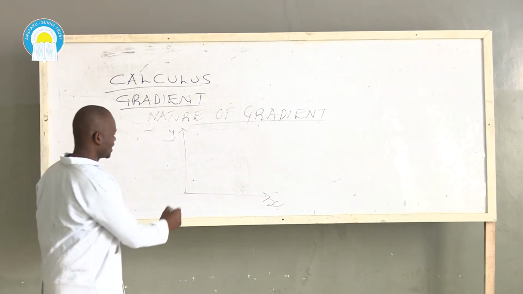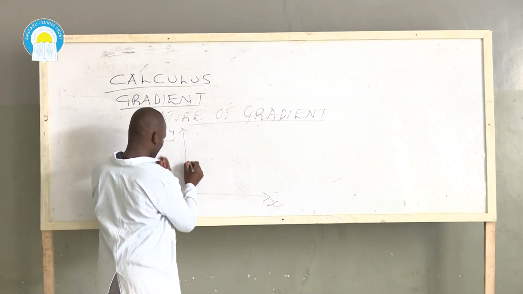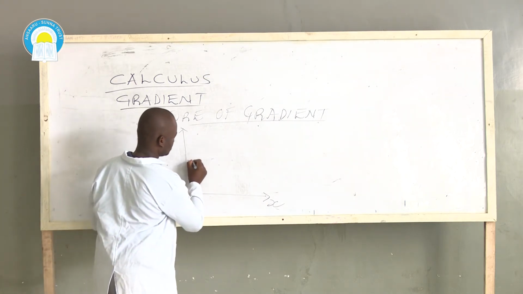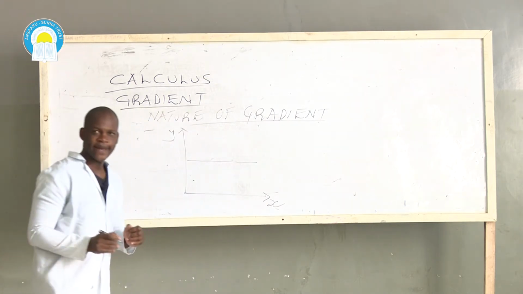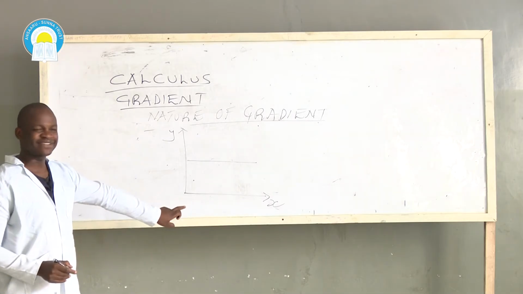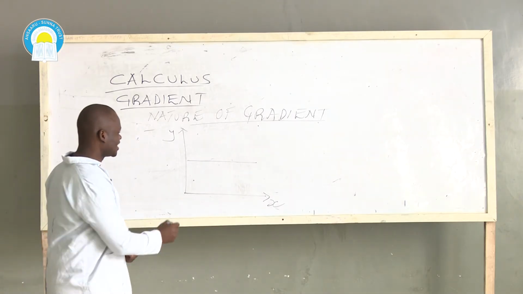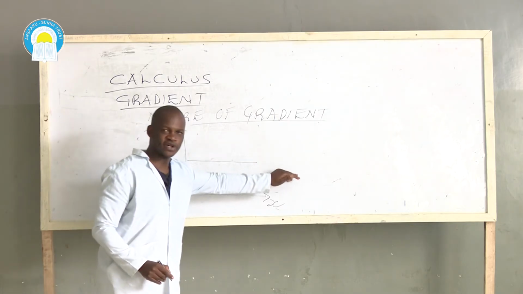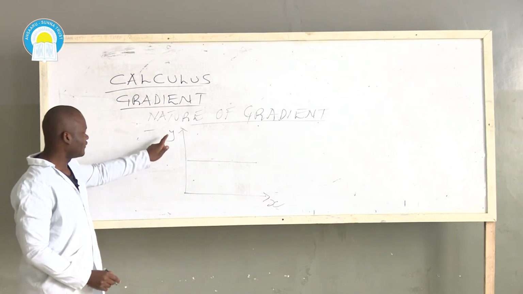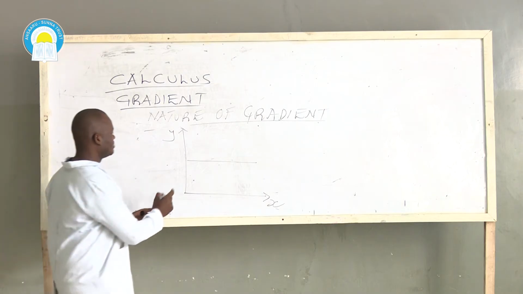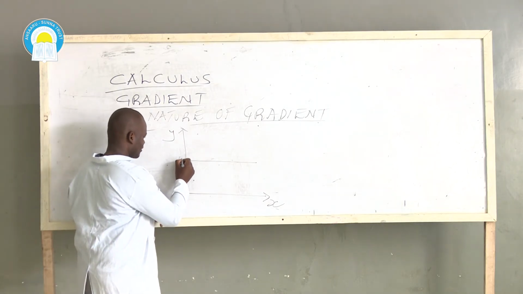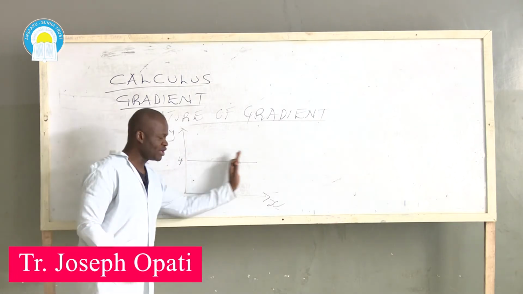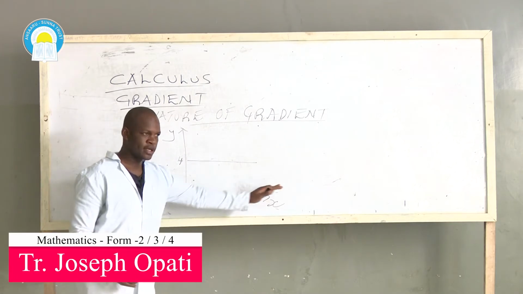Now, we have a line which is horizontal, meaning parallel to the x-axis. This line here, if you're very keen, will throughout have a constant value of y. Let me give it a value of 4. But in terms of the x value, the value will be changing from point to point.